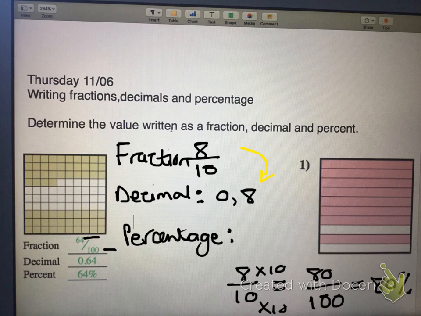And 0,8 or 8 tenths can be represented as a percentage as well, which is 80%. But just remember, before I get to that, I need to convert my denominator to 100.